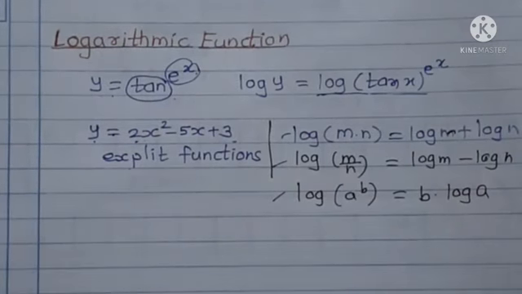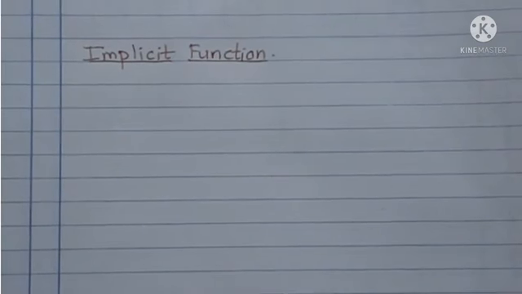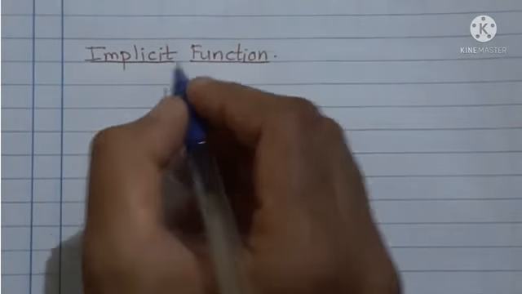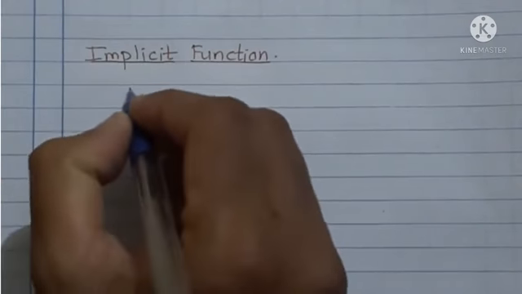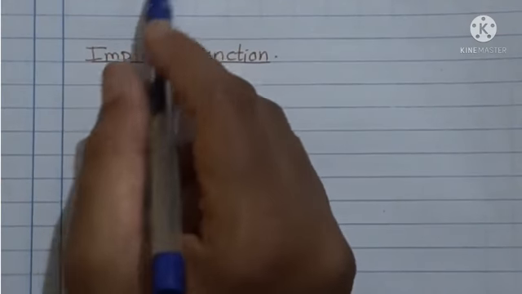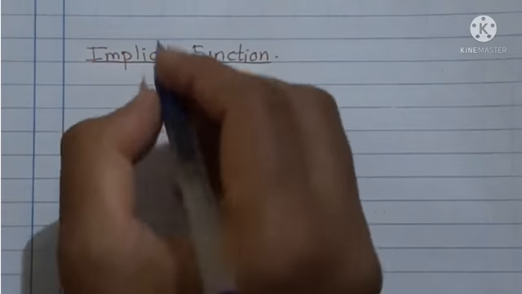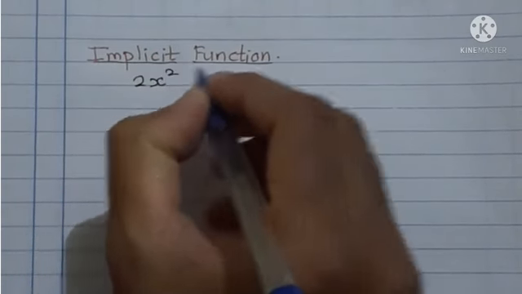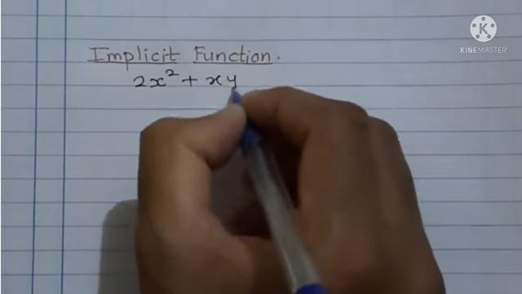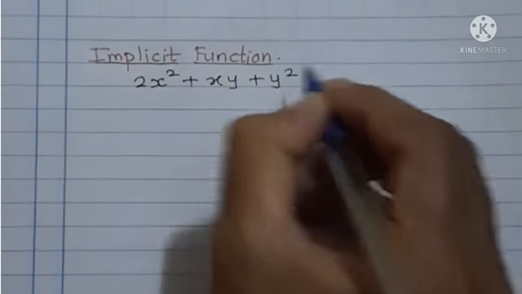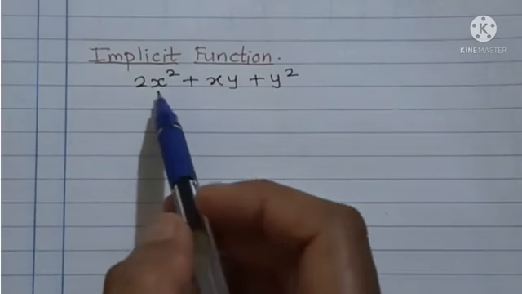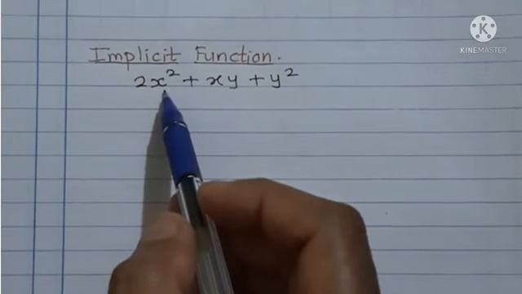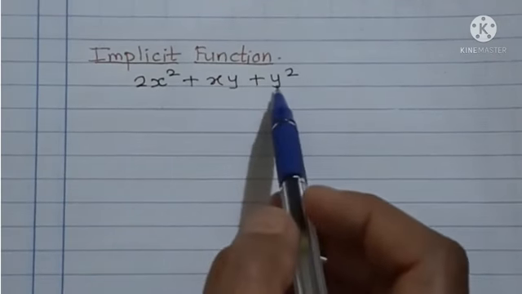Next one: what is the implicit function? I had told you what the explicit function is. Now for an implicit function, suppose I give an example, 2x square plus xy plus y square. Observe this equation. Here there are two variables present, x and y.